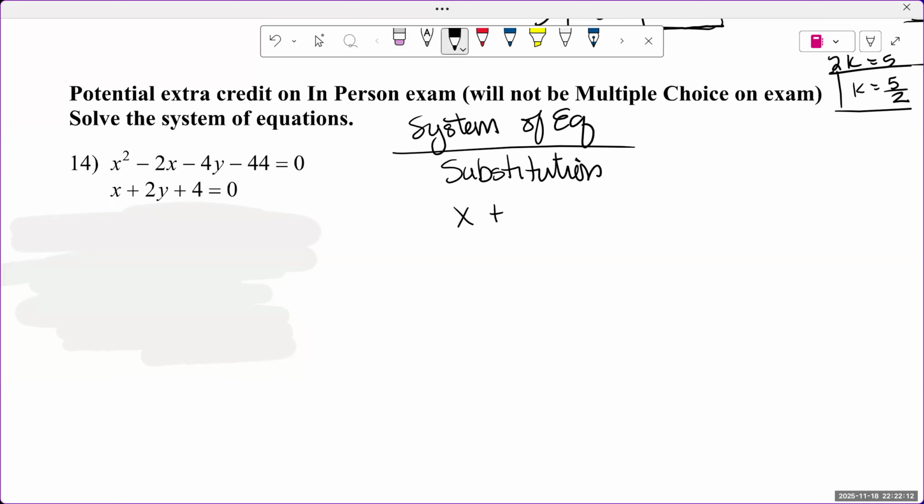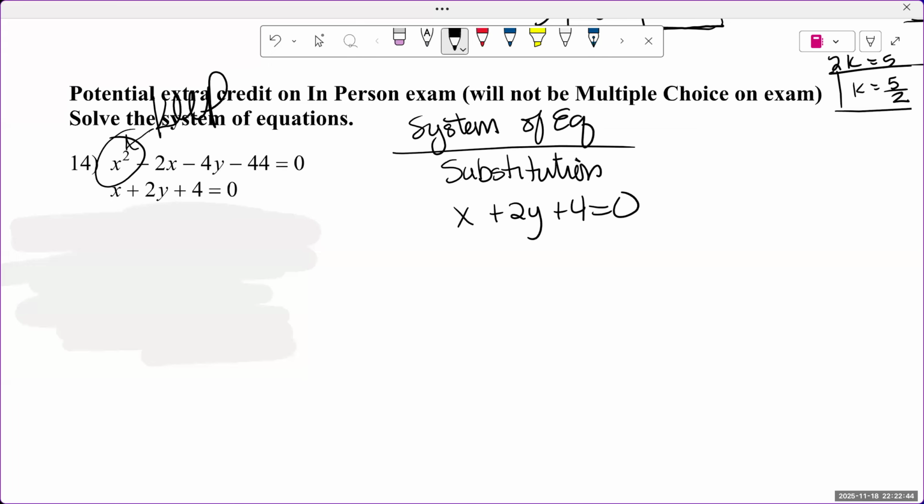So let's start with this. Now, if there's a coefficient on the y, some people don't want to solve for y because if I divide, that's going to involve a fraction. But I am going to keep the x because there's an exponent on it, and I'm going to substitute for y.